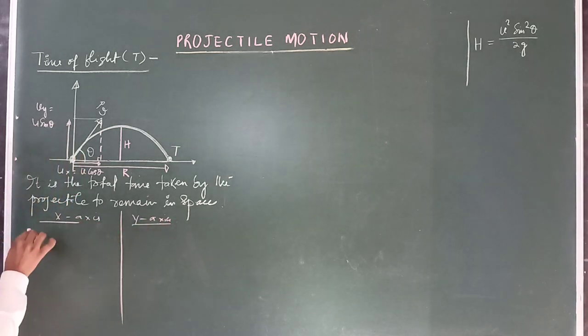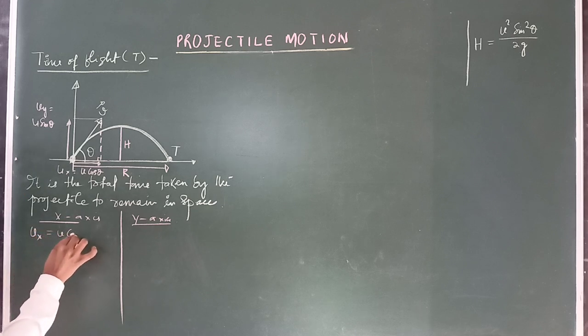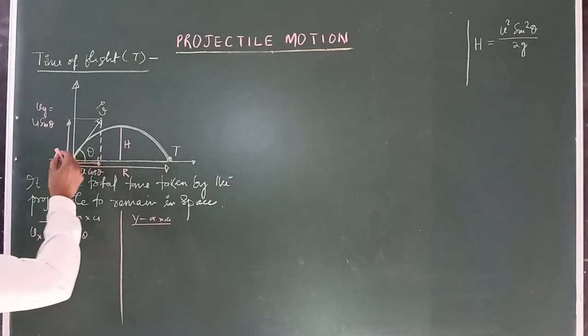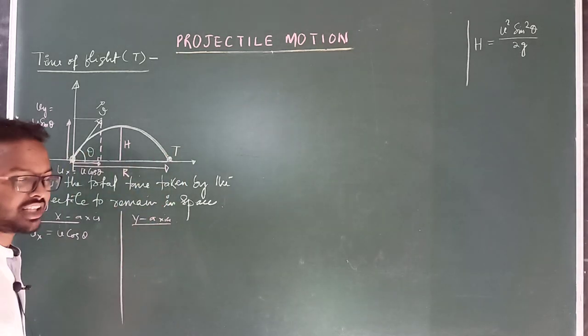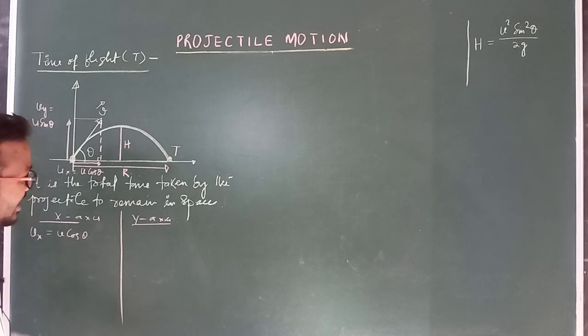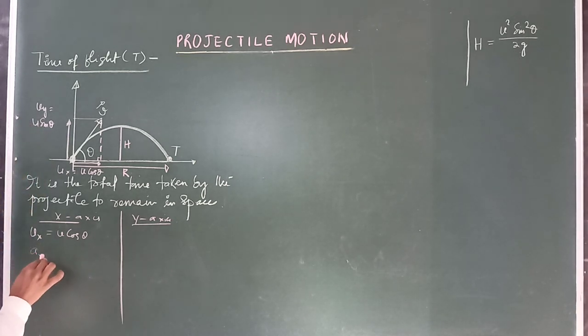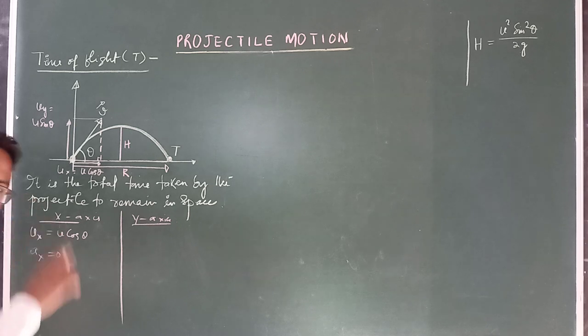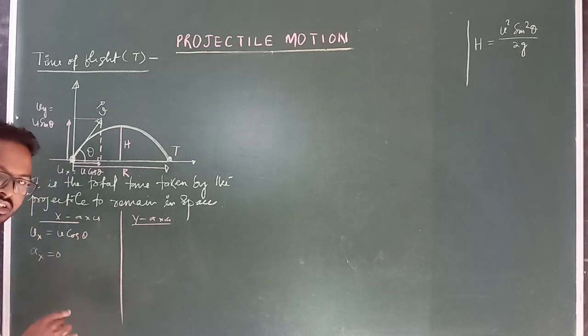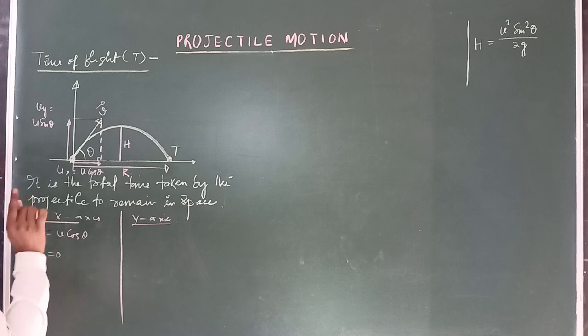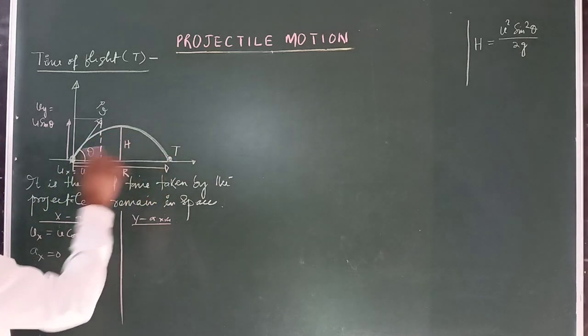So for the x-axis, the initial velocity ux is equal to u cos theta. Clear? Okay. But for acceleration along the x-axis, there is no external force along the x-axis, so acceleration along the x-axis is 0. So ax equals 0. If acceleration along the x-axis is 0, then velocity remains constant. That means u cos theta is always constant throughout the motion.